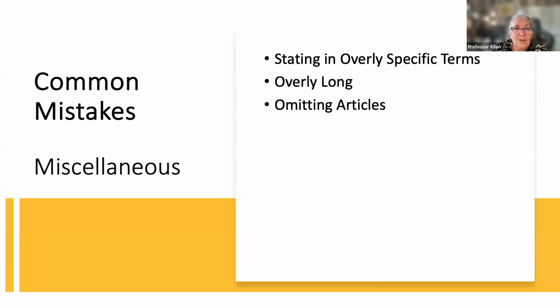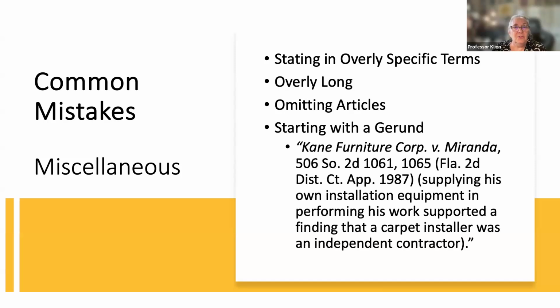Although omitting an article may save space and may save words, it is very distracting for the reader and should not be done. And finally, starting your parenthetical with a gerund. Here you have Kane Furniture, and the parenthetical starts, supplying his own installation equipment and performing his work supported a finding that a carpet installer was an independent contractor.